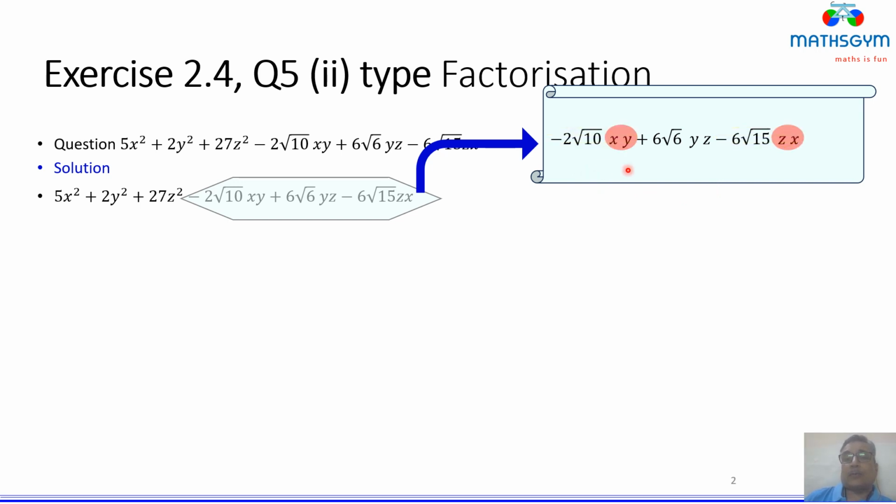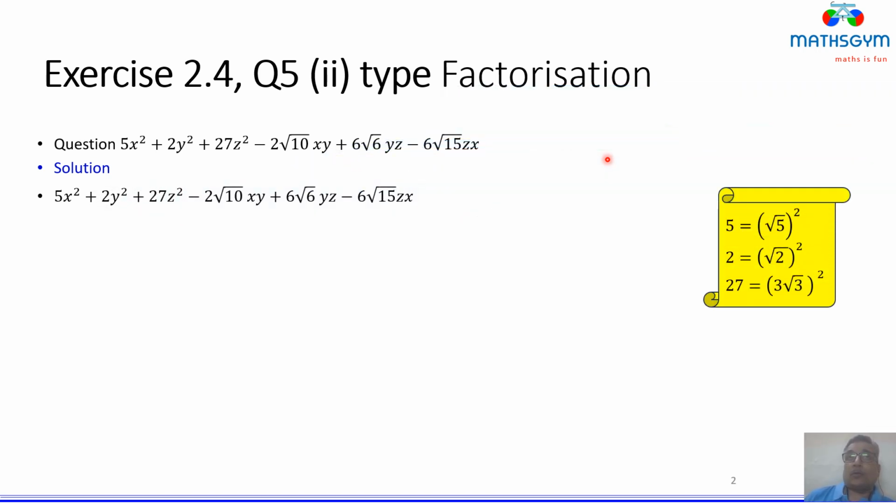Between these two negative terms, the variables are xy and zx, and the variable x is common. So we conclude that if we make the term with the variable x negative while factorizing, we will arrive at the desired result. Please rewind and look at this again so that you understand the concept and apply it effectively in the exam.